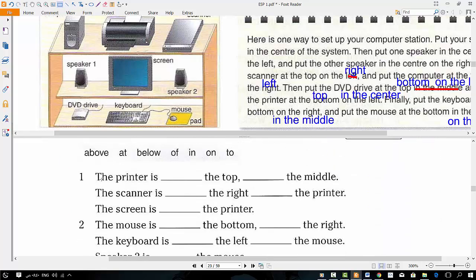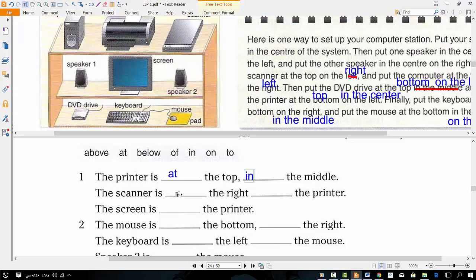Number 1. The printer is the top, the middle. Where is the printer? The printer is at the top, in the middle.